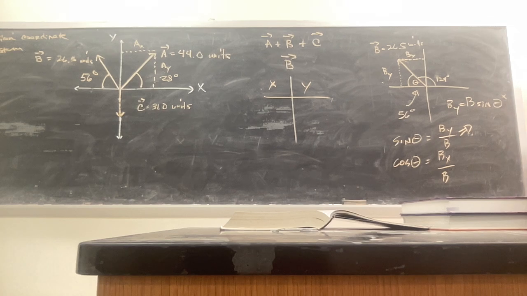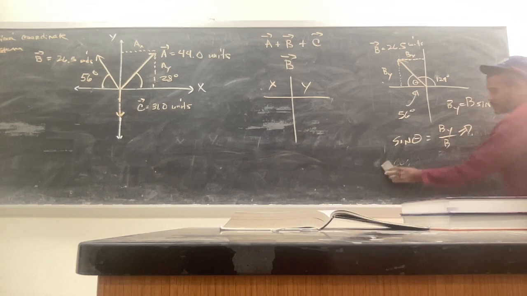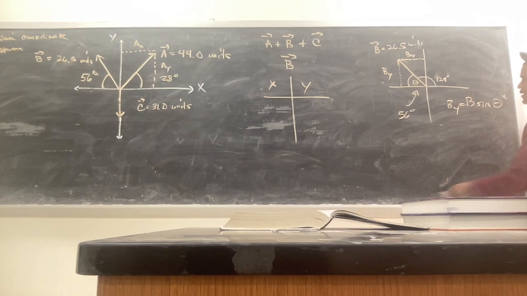Same thing for cosine: B_x is B cosine theta. Alright? So now we can plug those numbers in.